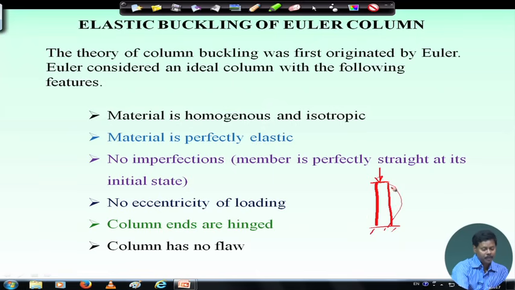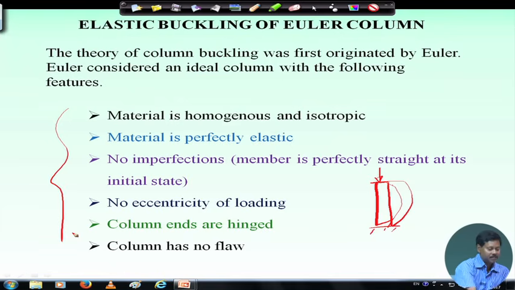So, due to buckling, what will be the buckling force and what will be the stress, we have to find out, and for that Euler considered an ideal column and found a critical load for buckling. That critical load obtained due to buckling is derived on the basis of a few assumptions.